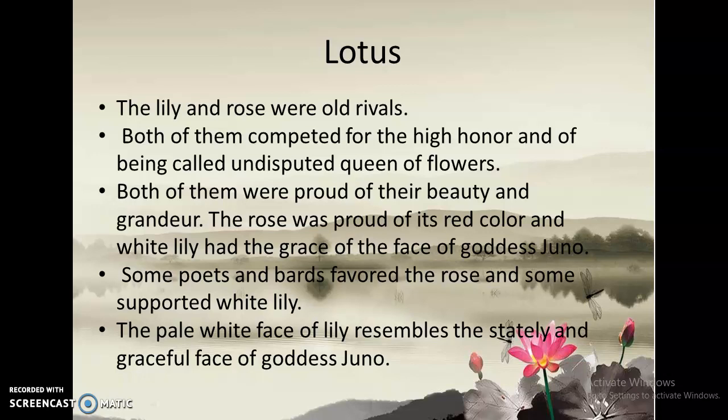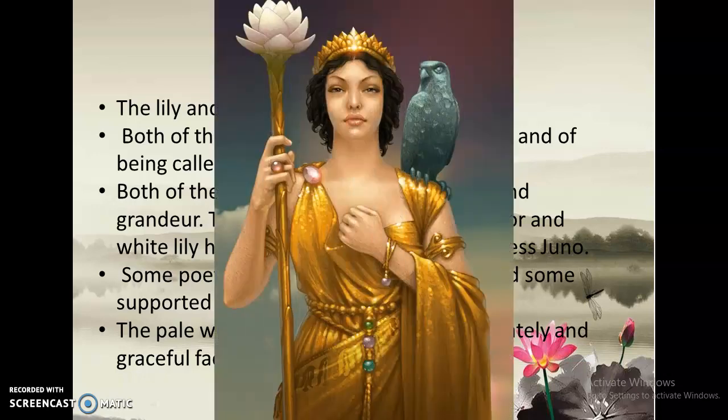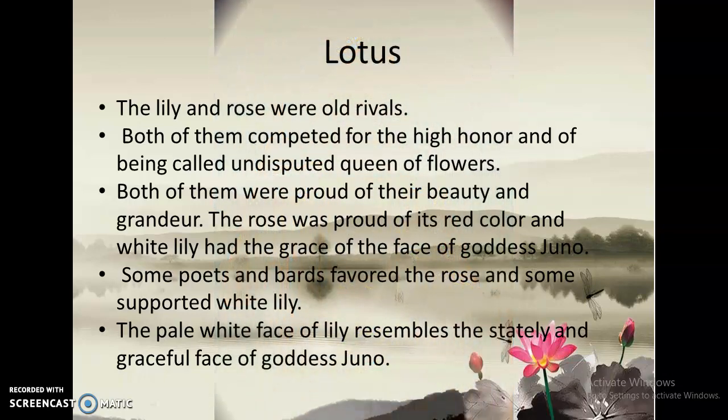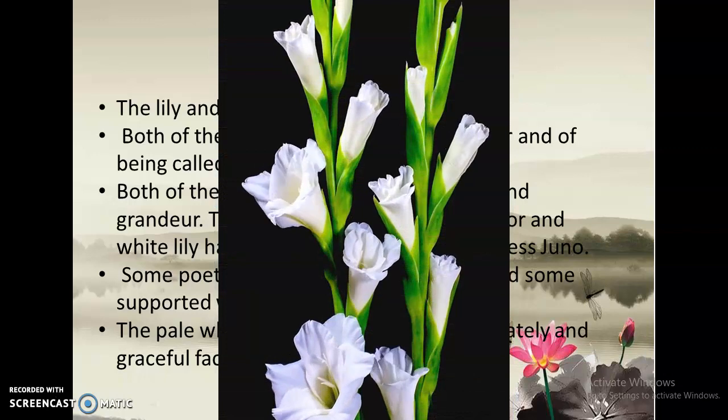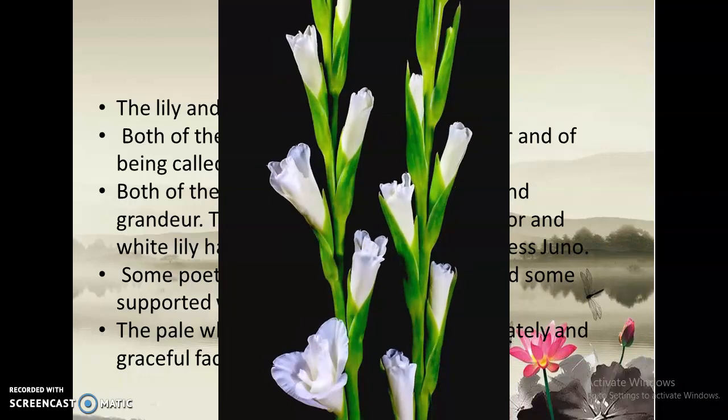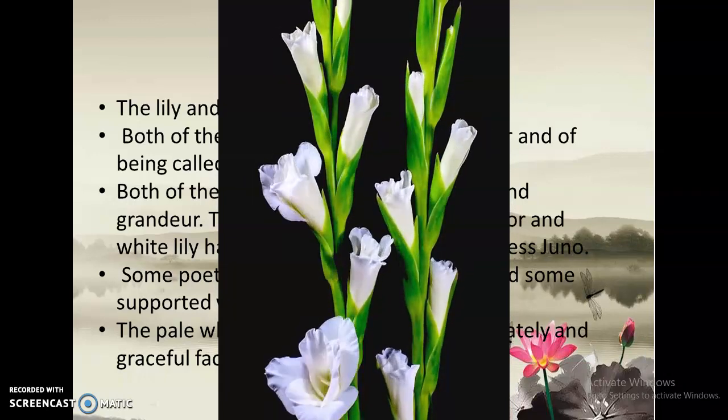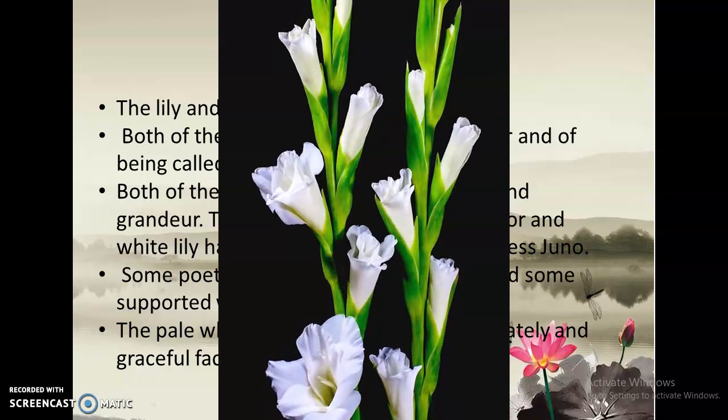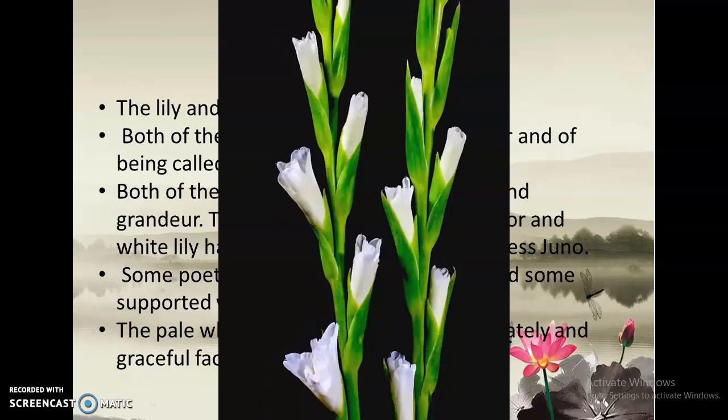The pale face of white lily resembles the stately and graceful face of goddess Juno. On the screen you can see the image of goddess Juno, and she is the wife of god of love Cupid. And the beauty of the white lily is compared to the beauty of goddess Juno in this poem.